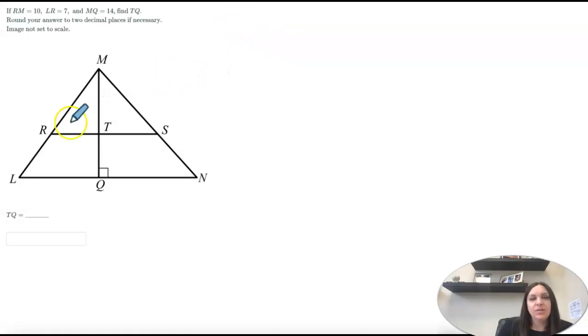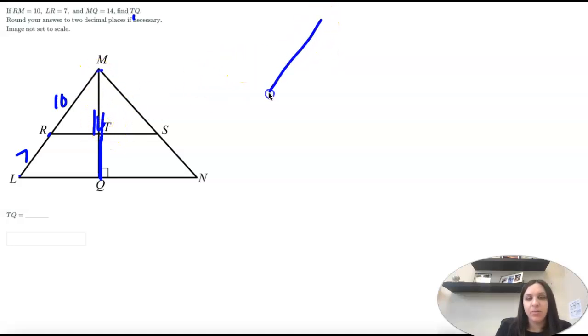Alright, this is the last one we're going to do together. So R to M is 10, L to R is 7, M to Q is 14. That's going to be a little confusing. Find TQ. Alright, so we know all the way down is 14.